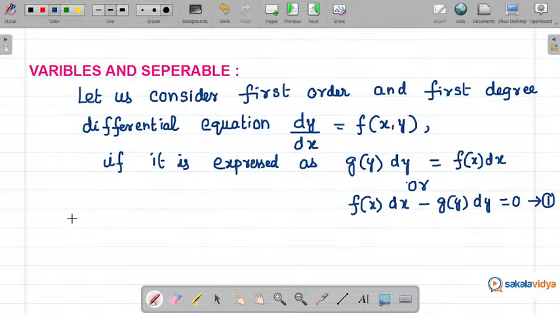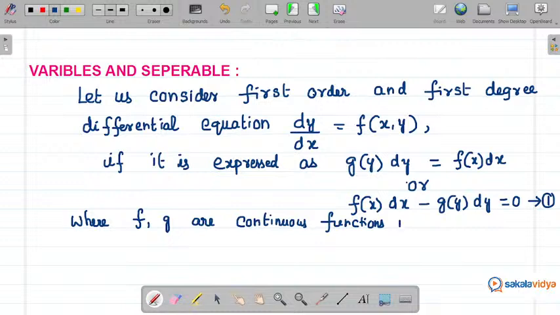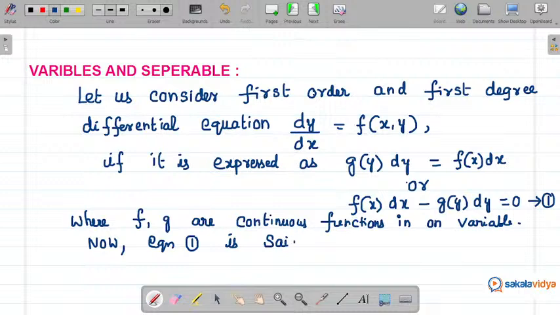So write down: where f and g are continuous functions in one variable, this equation 1 is said to be variables separable.